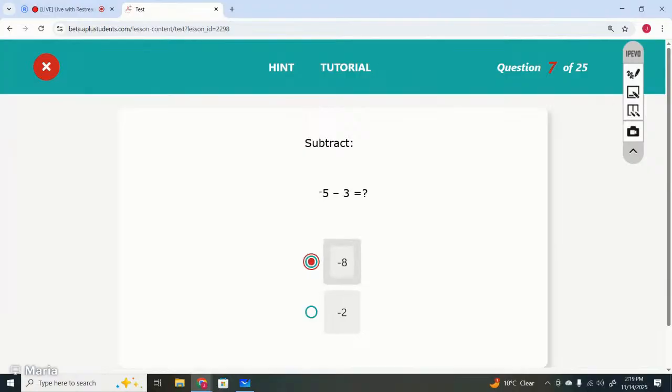That is -8. Option number 1 is the correct option. -2 plus -1 is -3, option number 1 is the correct option. -2 minus -2.